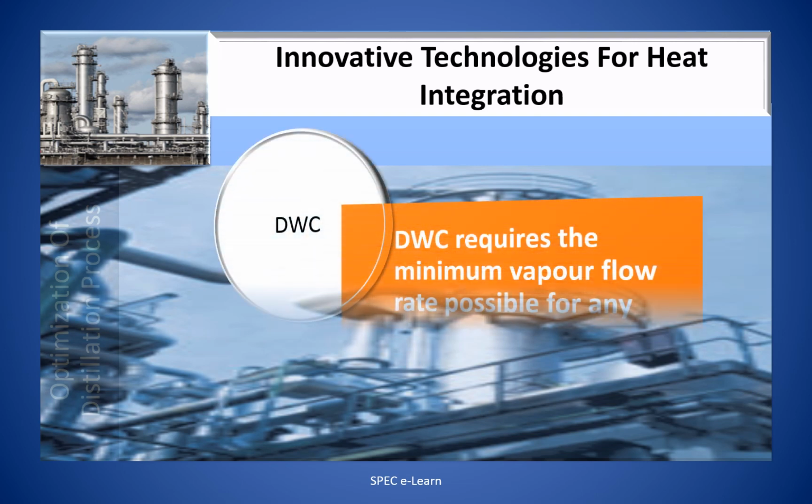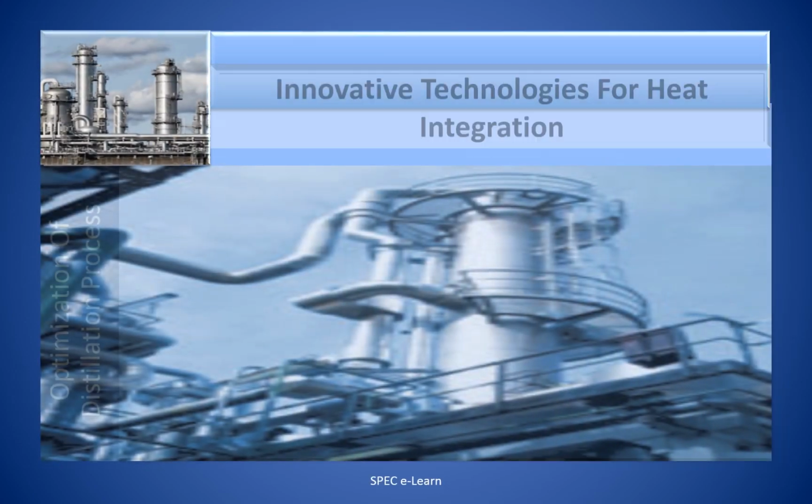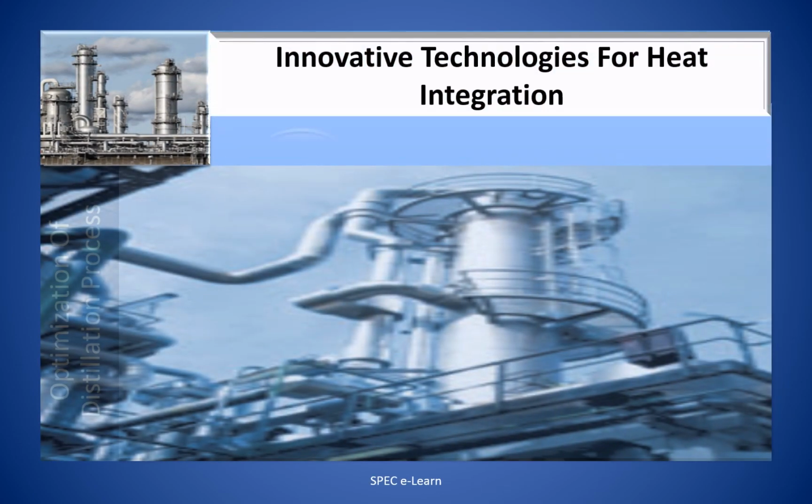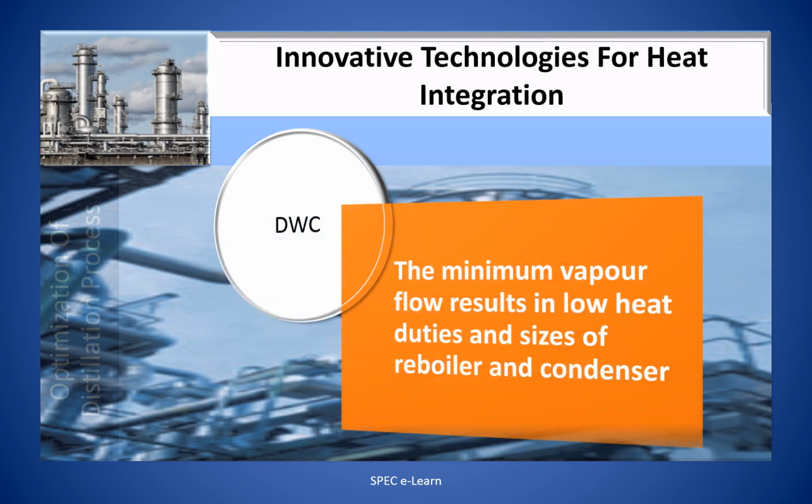DWC requires the minimum vapor flow rate possible for any given separation compared to conventional system. The minimum vapor flow results in low heat duties and sizes of reboiler and condenser.